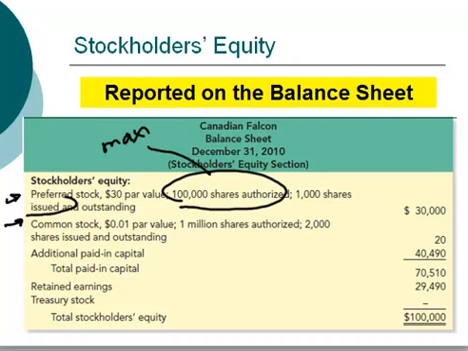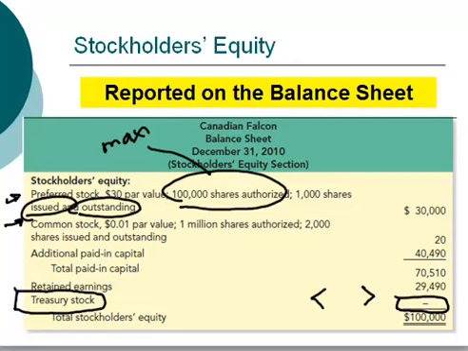The shares issued are the ones that have actually been sold, and those outstanding are the ones still active. The difference between issued and outstanding, recall, would be treasury stock. In this case, the company has no treasury stock, so there is no contra equity. If there were treasury shares held by the company, it would reduce the value of our total stockholders' equity.